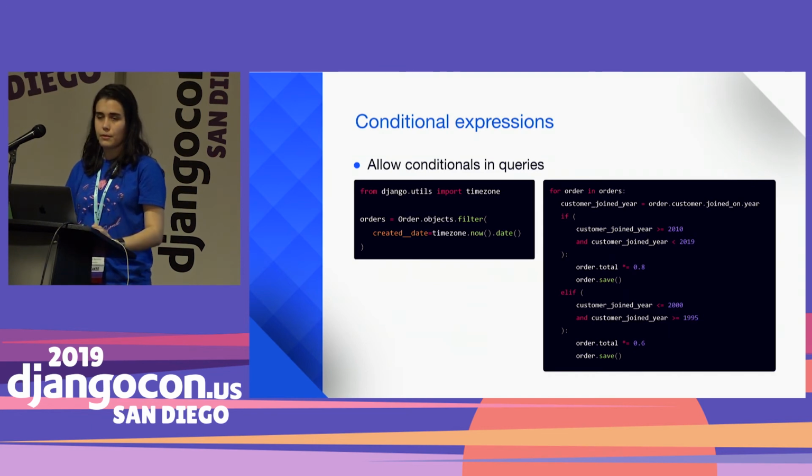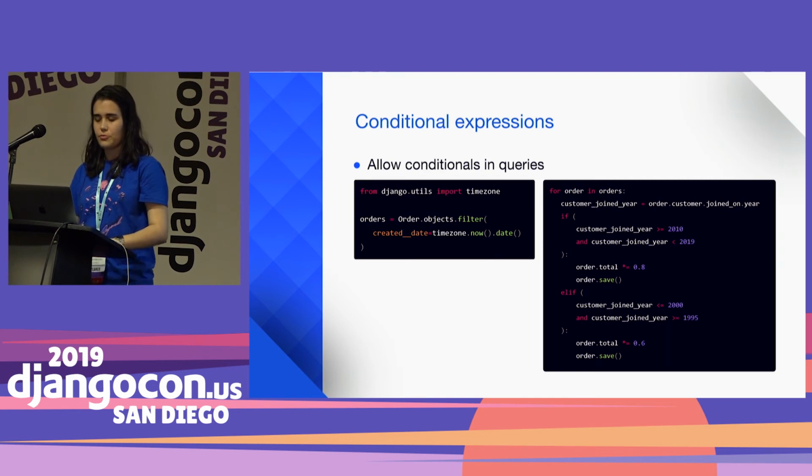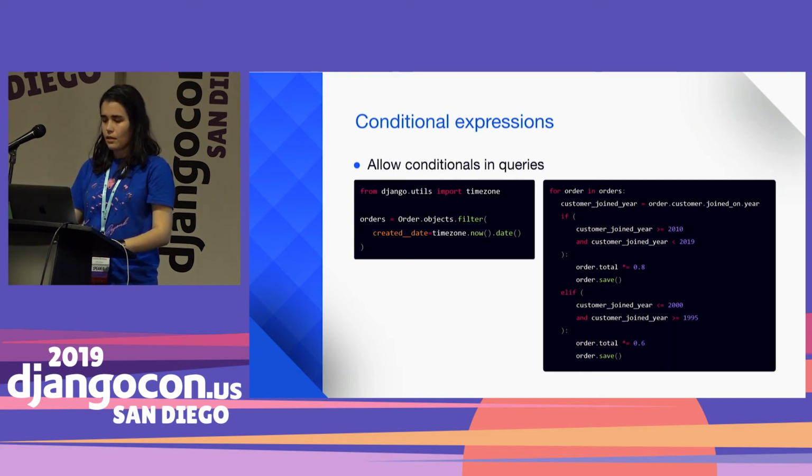In this case, we're going to give them a 20% discount. In case they joined between 1995 and 2000, we're going to give them a 40% discount, and so on. By the way, it's 0.8 and 0.6 because the discount is subtracted from the full price. We can understand this code, but it's not really easy to read.